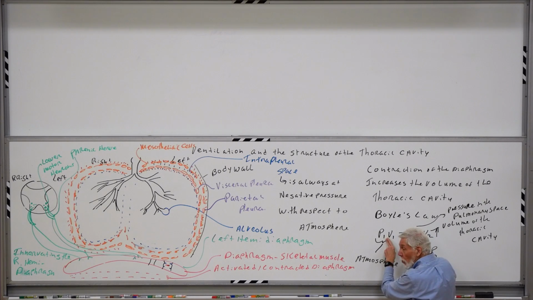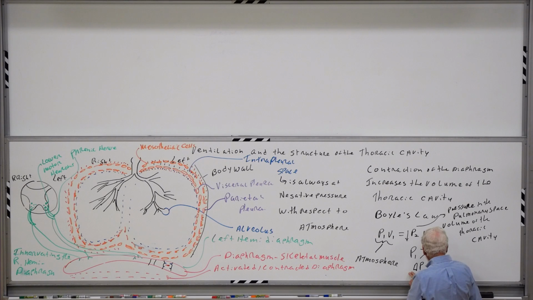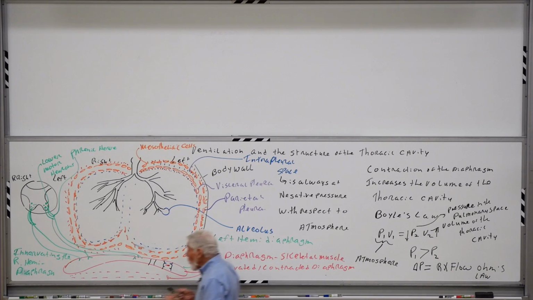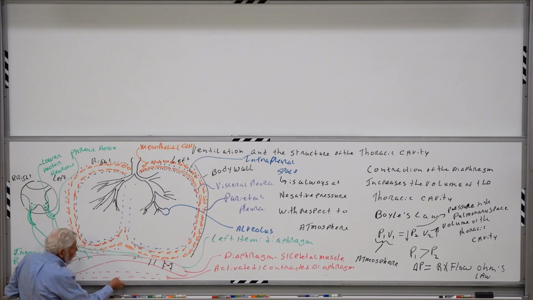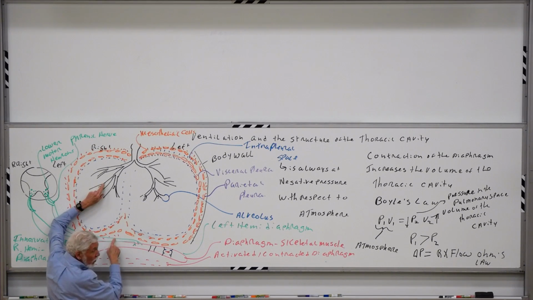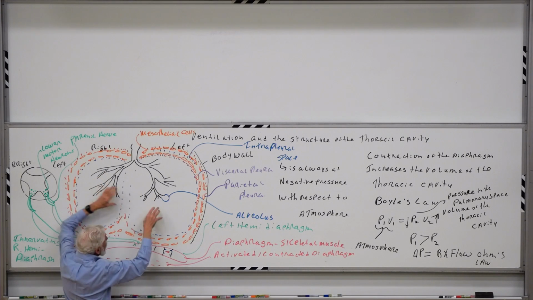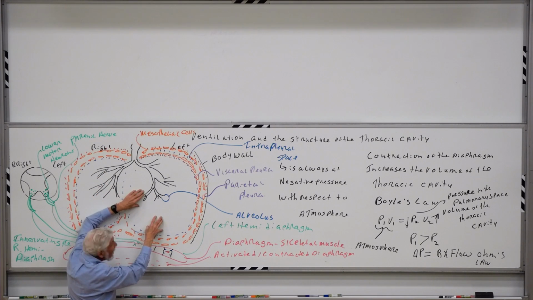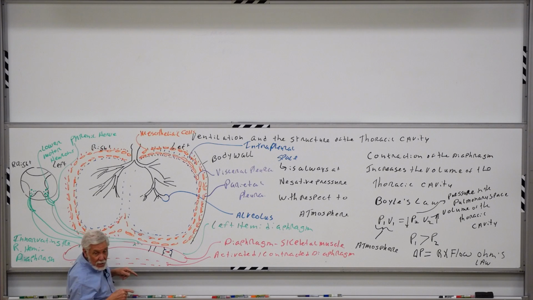We now have a pressure differential where P1 is greater than P2. We have a delta P. Anytime you see a pressure differential, you can think the resistance times the flow being Ohm's law. That's simply a long-winded way of saying that when we contract the diaphragm and we increase the volume, we now generate a slight vacuum in here, and air comes rushing in.